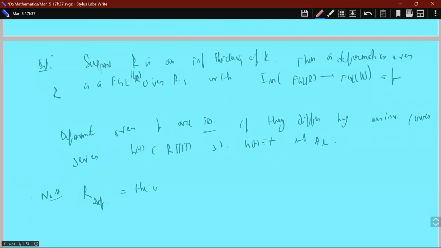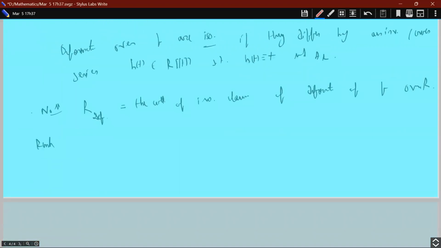This is the collection of isomorphism classes of deformations of F over R. It looks to be a groupoid naturally, because of our structure, but we'll see that actually it's discrete, in a way it is like a set.